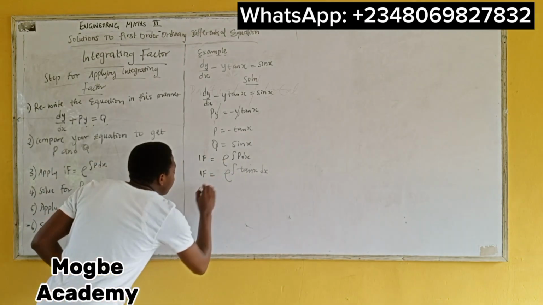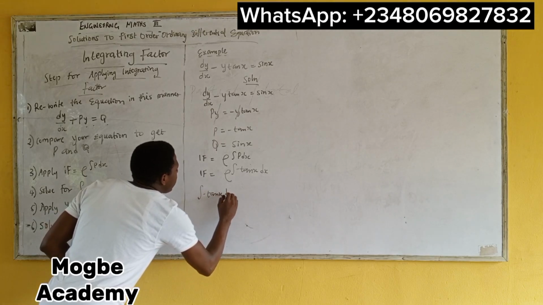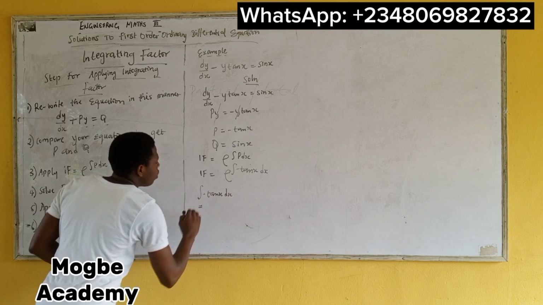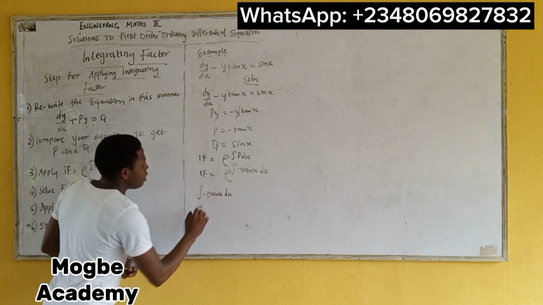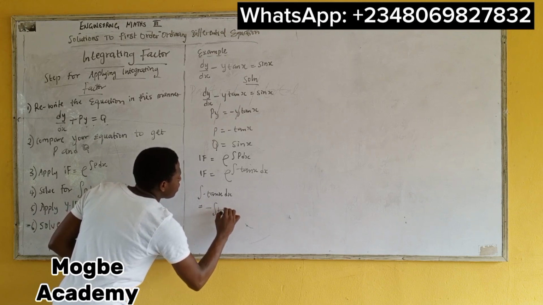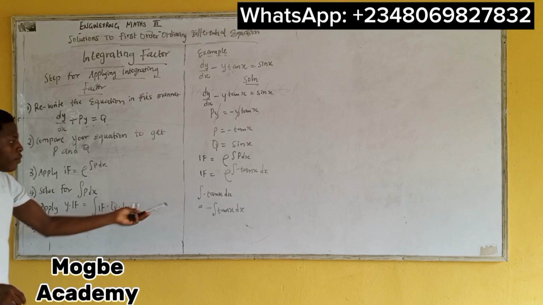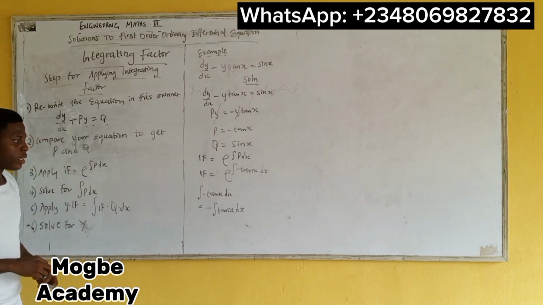So if we do that, we have integral of minus tan x dx is equal to, if you integrate, you bring out the minus sign, minus integral of tan x dx. Now we've gotten to this integration aspect.